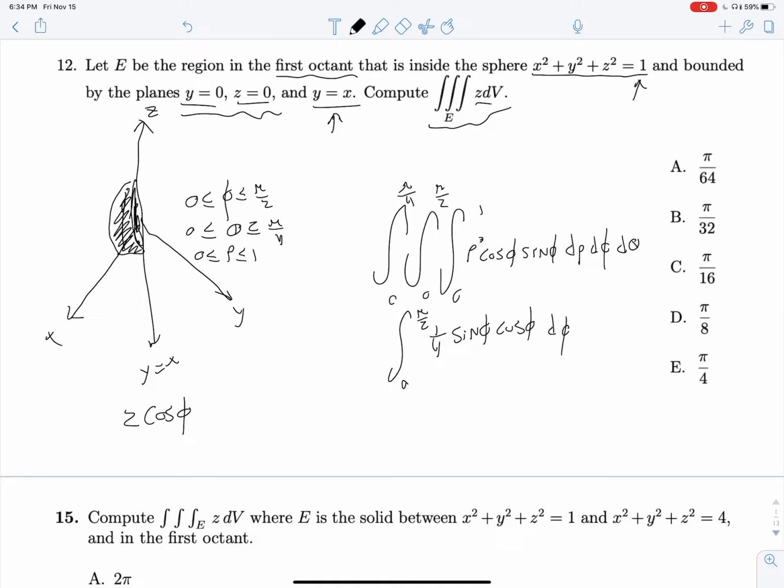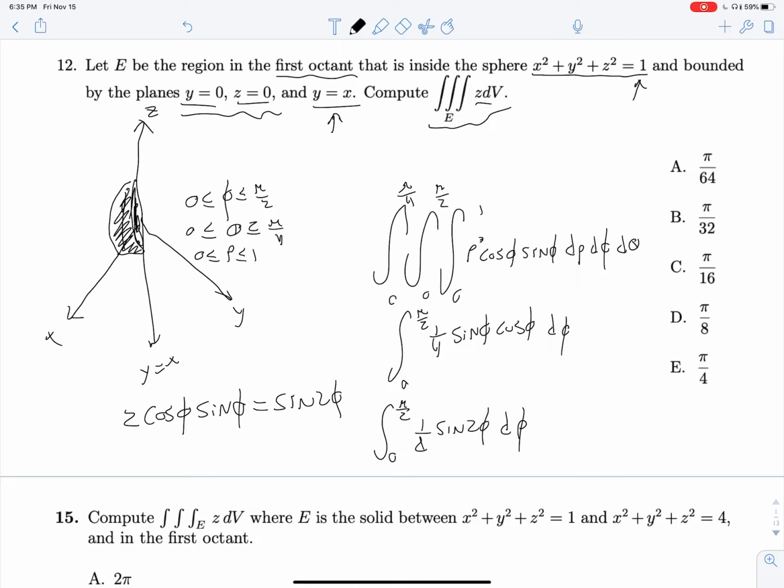2 cosine of phi sine of phi is equal to sine of 2 phi. There we go. And so we can divide everything by 2 and substitute sine phi cosine phi for sine 2 phi, and our integrand becomes the integral from 0 to pi over 2 of 1/8 sine 2 phi d phi.